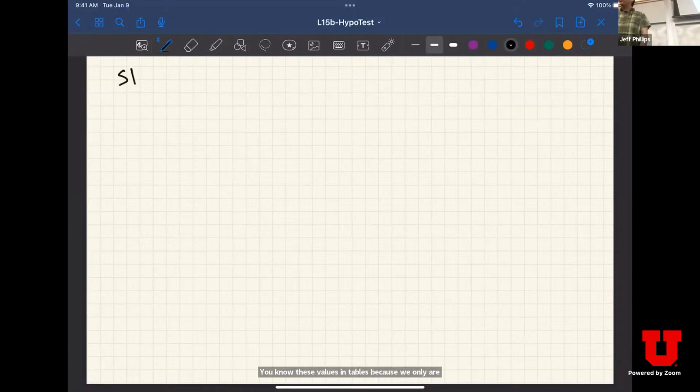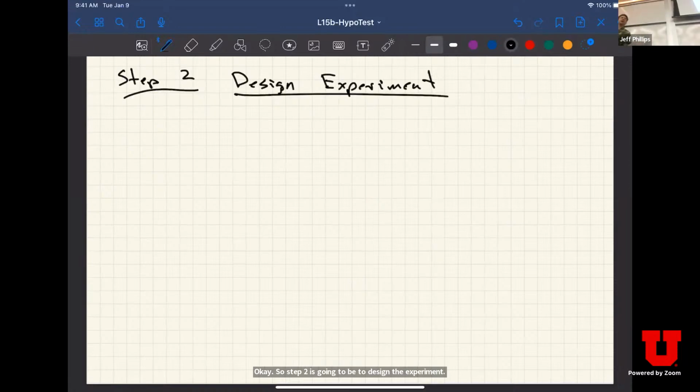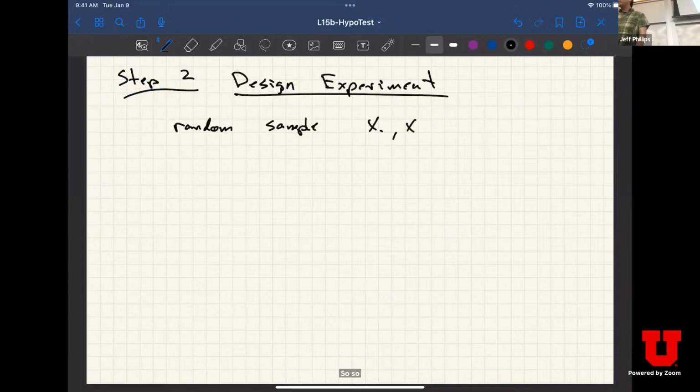Okay, so step two is going to be to design the experiment. To design the experiment, I'm almost always going to start with a random sample, x1, x2, up to xn.